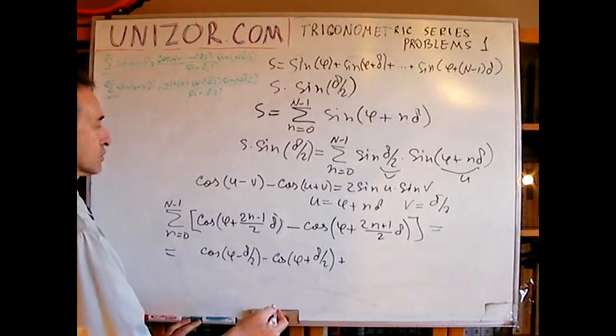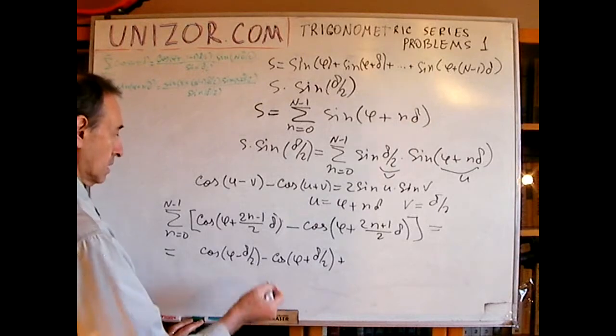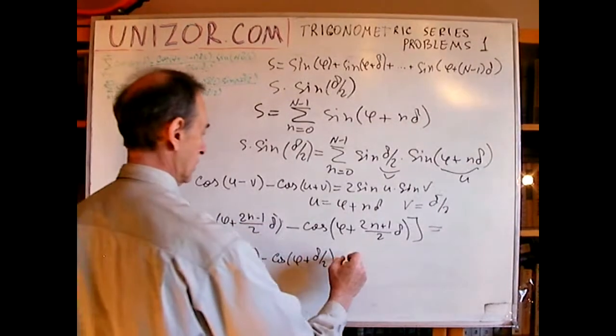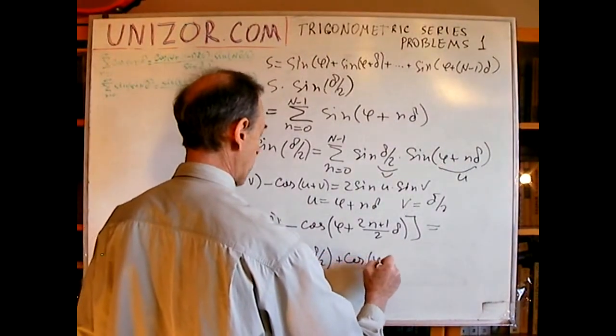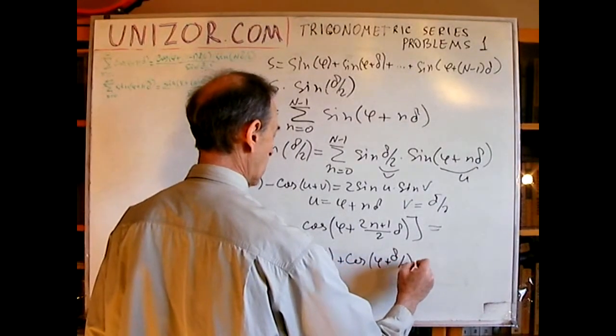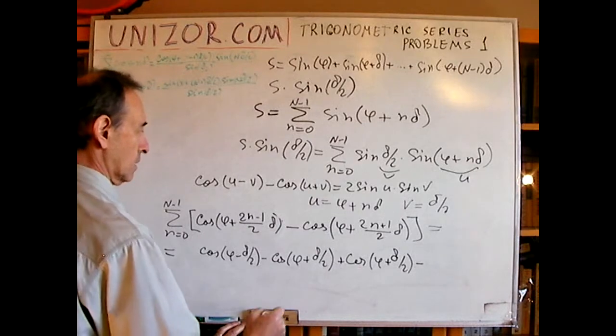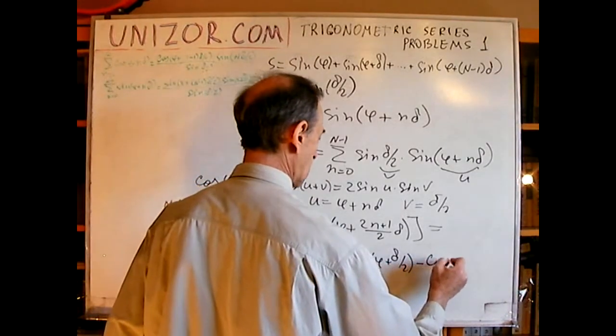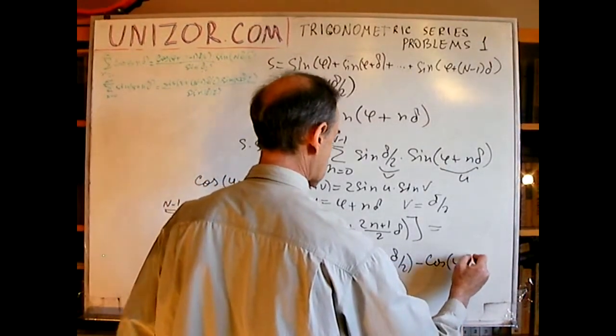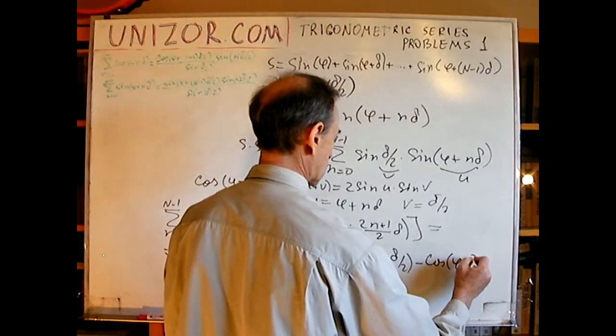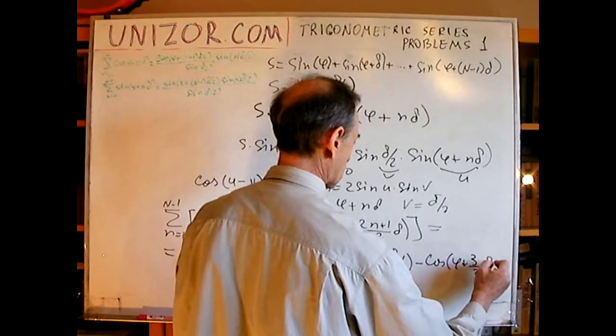Next one. When n is equal to 1, I will have cosine of phi plus delta over 2 minus cosine of phi plus 3 over 2 delta.